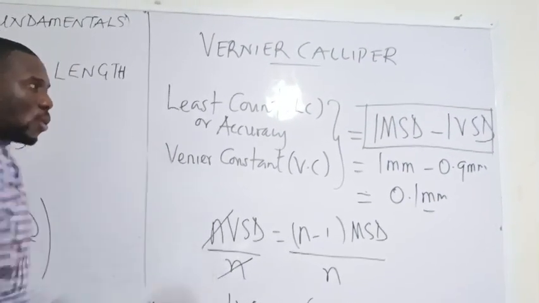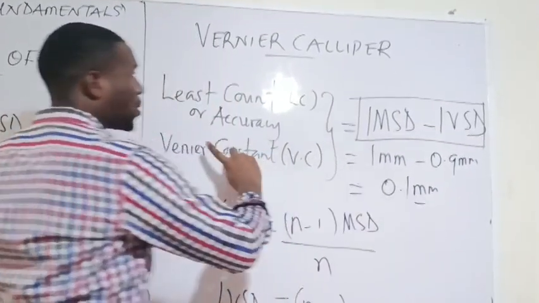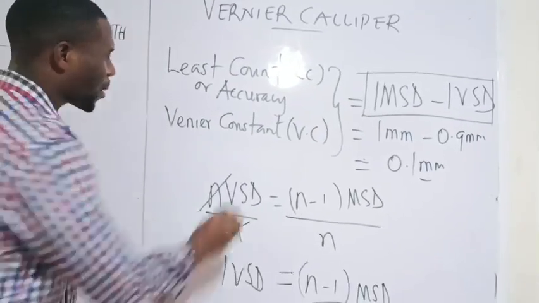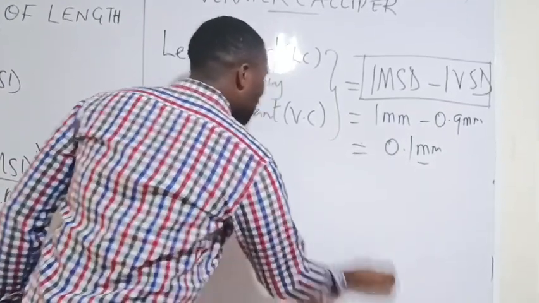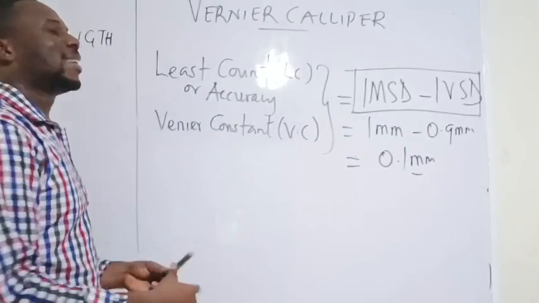Alright. So now I need to say 1 or 2 things. 0.1 millimeter is the least count on the Vernier caliper, right? So it also means that I could express the least count in centimeter. All I need to do is convert 0.1 millimeter to centimeter.